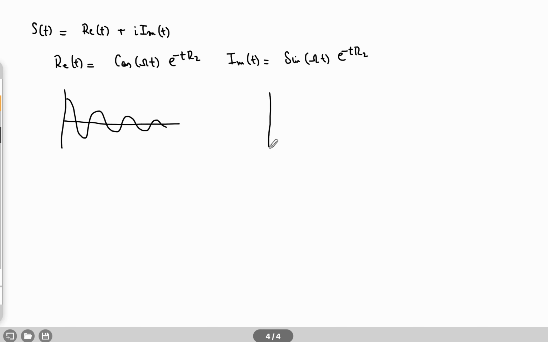And this signal looks like something like a decaying sine wave, and so on, right? Okay.